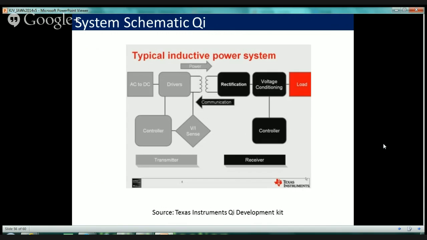There are also standards available on that, what they call, I think, Qi. What is done is that you have this coupling coil, and on the other side it will be rectifying as we do before, and voltage conditioning to operate the device. On this side, you have the AC coming in, which will drive based on the load that is available.